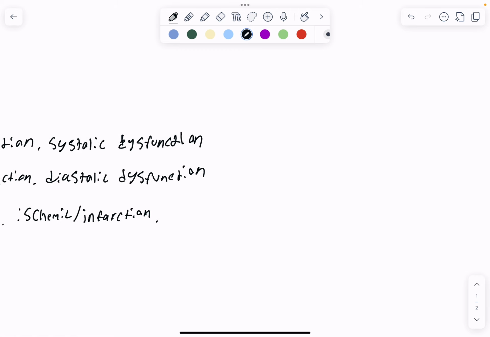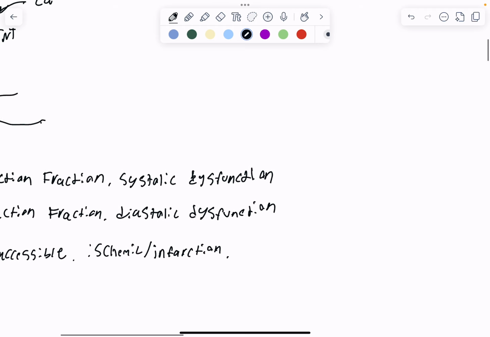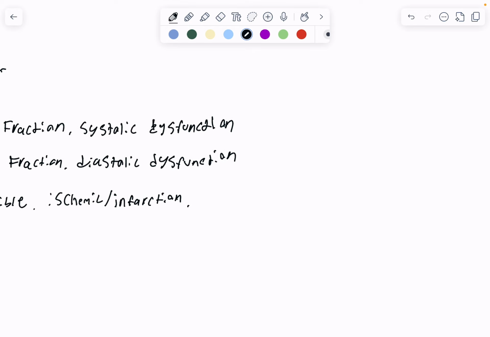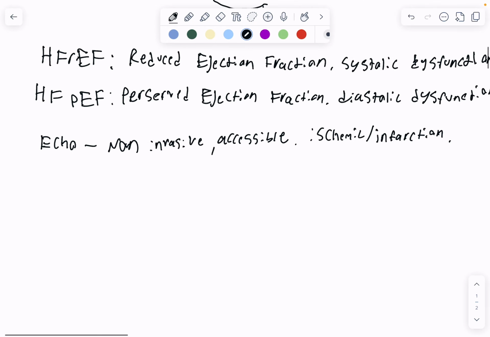So it'll be able to determine if the ventricle is dilated, like it is in HFrEF, or if it's hypertrophied and stiff, like in HFpEF. And overall, echo is very good for differentiating between systolic and diastolic heart failure, and it's a good way to visualize and determine it.